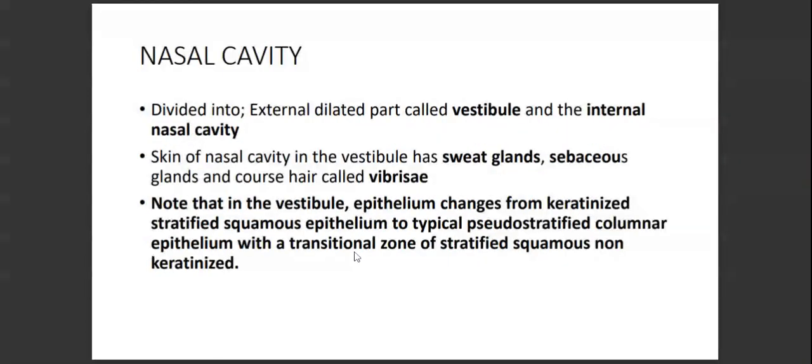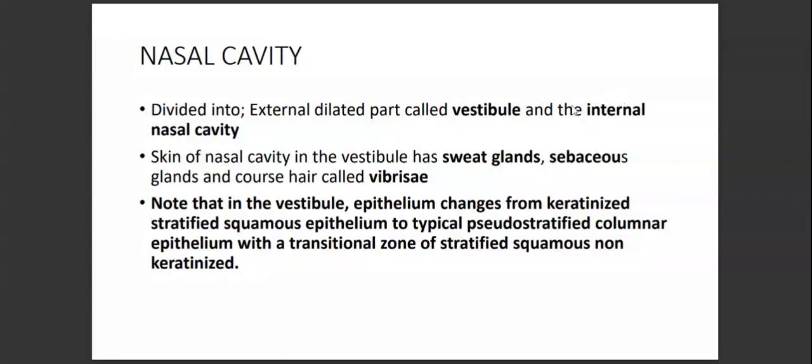Okay. So now we're going to specifically start looking at the exact parts in order from the beginning up to the end. We're going to start with the nasal cavity. The nasal cavity is also divided into two parts. We have the anterior dilated part, or the external dilated part, which is called the vestibule, and the internal nasal cavity.